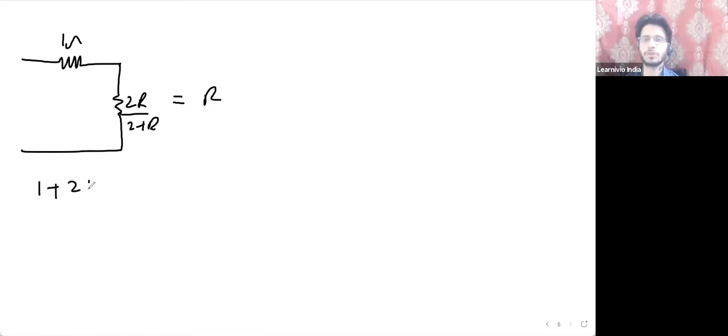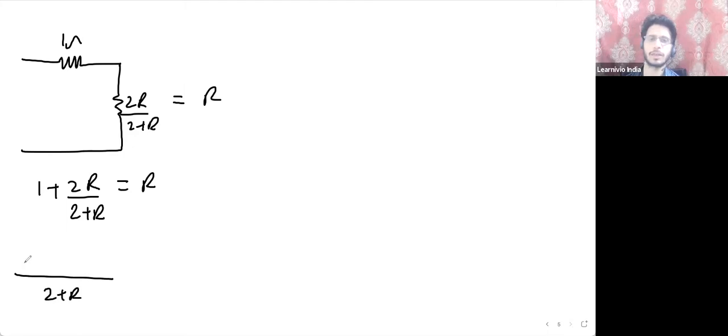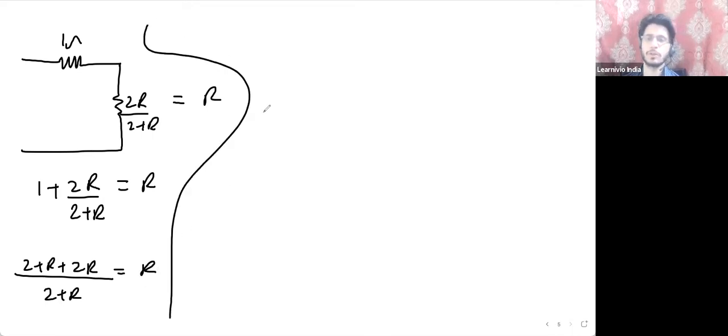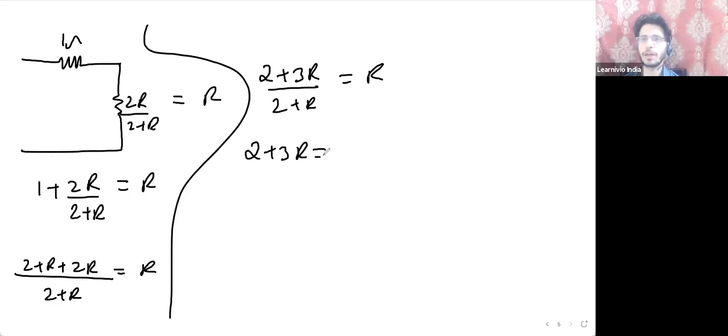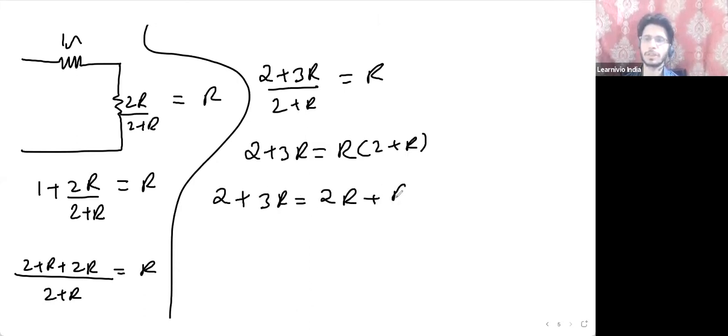So 1 plus 2R over 2 plus R is equal to R. Then 2 plus R plus 2R over 2 plus R is equal to R, so you get 2 plus 3R by 2 plus R is equal to R. It's 2 plus 3R is R into 2 plus R, so 2 plus 3R is 2R plus R square.